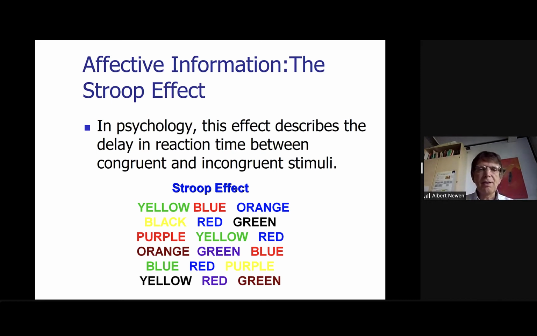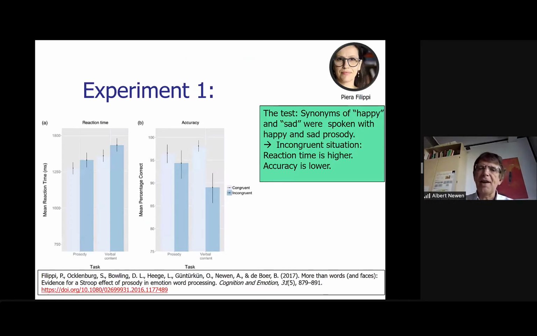We have a delay and an increase in reaction time if we have to report the colors, when the word yellow is written in green, as here, and you have now to report green, red, and blue as the colors of the first line. You are really slowing down.